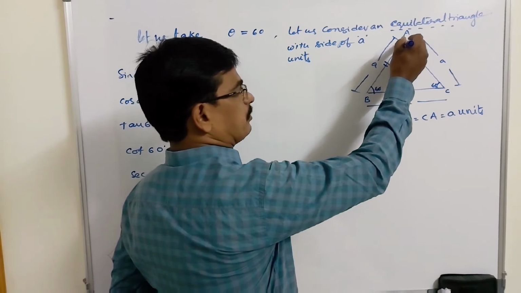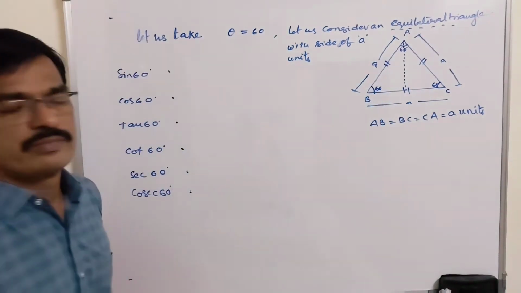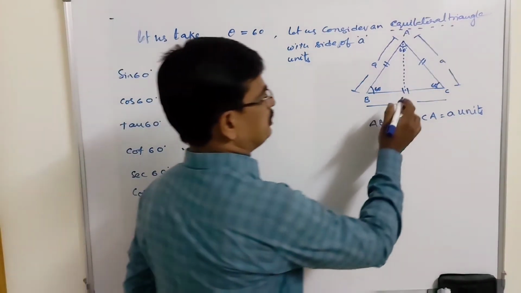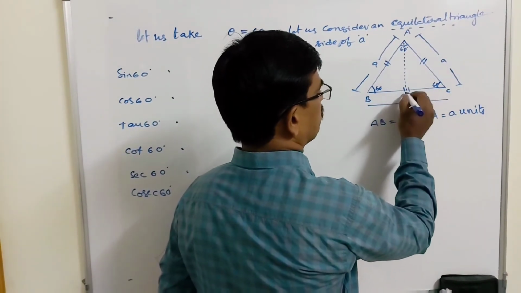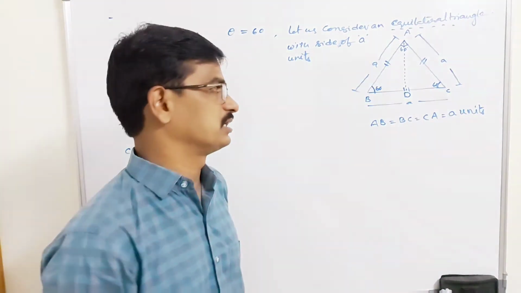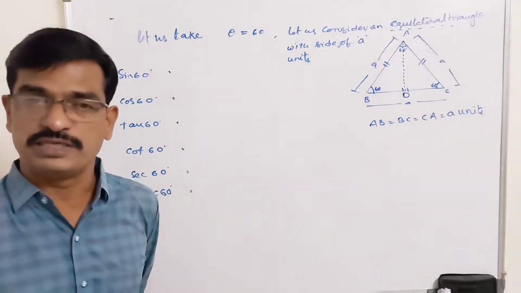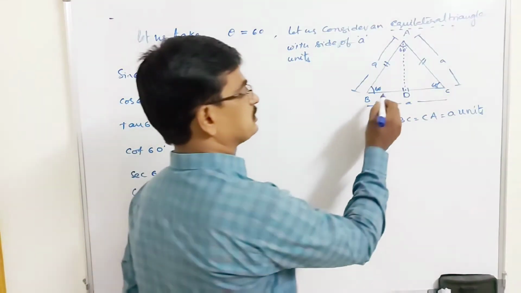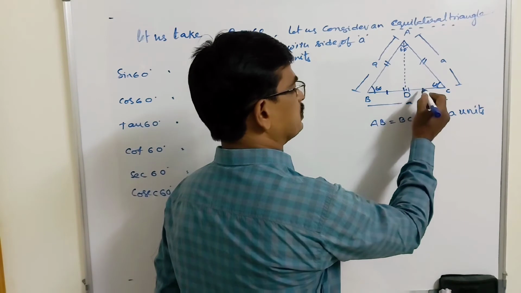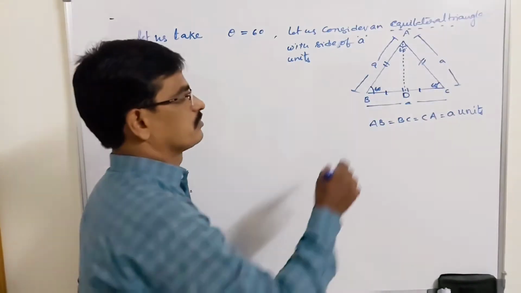Now if you draw a perpendicular line from vertex A to BC, let it be D. Since ABC is an equilateral triangle, the perpendicular drawn from vertex A to BC bisects BC, that is BD is equal to CD.